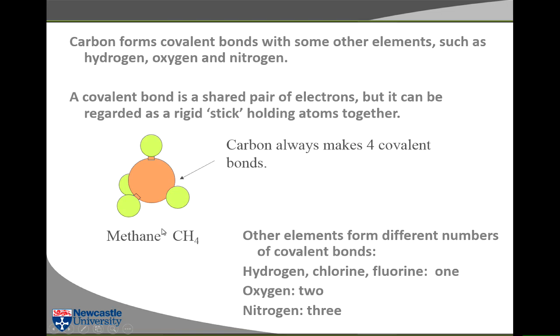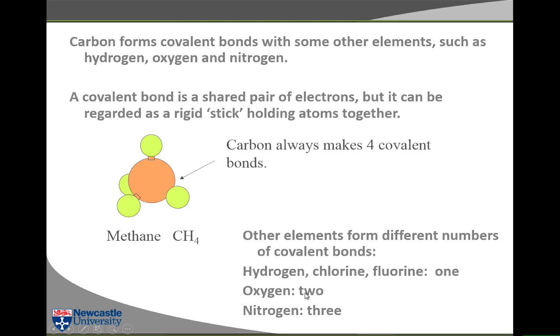The other elements that we need to know about for pipes are hydrogen, chlorine, fluorine, and hydrogen, chlorine, and fluorine all form one bond. So hydrogen gas, for instance, is H2, which is just 2 hydrogen atoms with one bond joining them together. Same with chlorine, one bond, and fluorine.